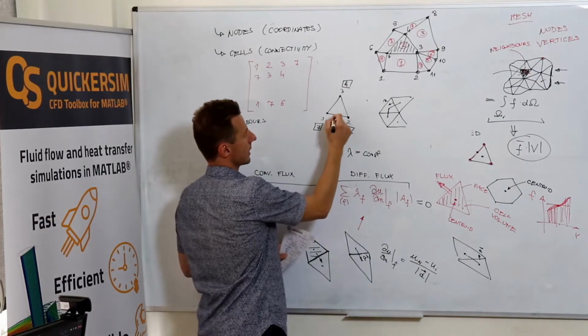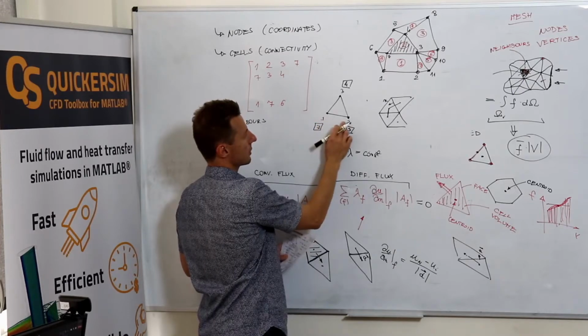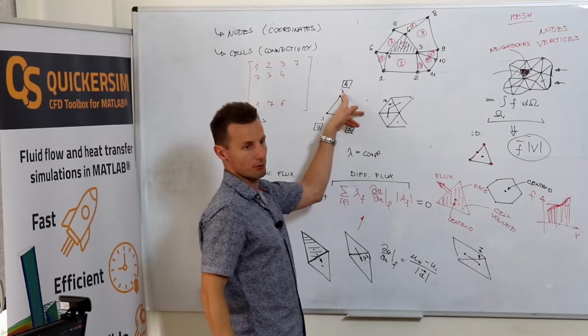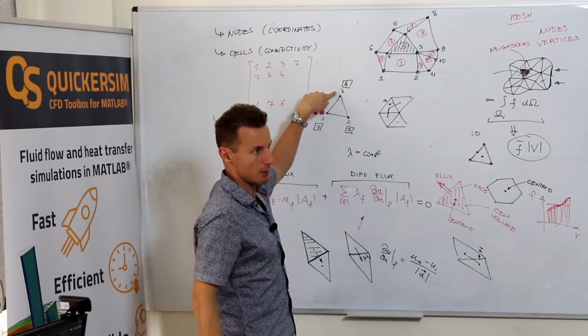Very often you would say that between my first and second local node I've got face 1, here I've got face 2 and face 3.